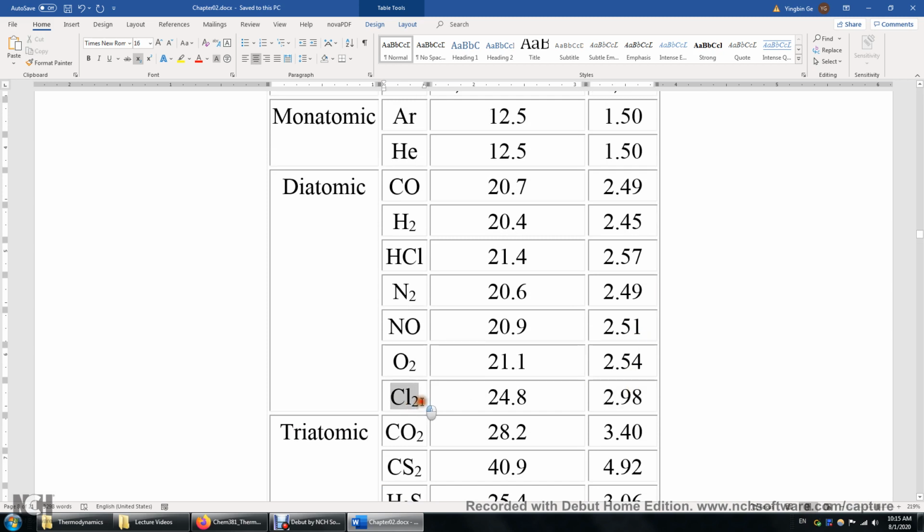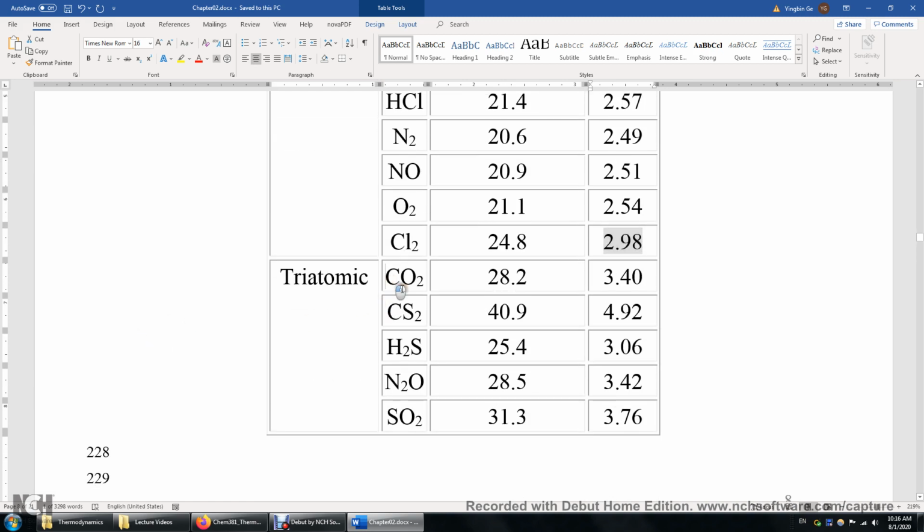Again, the vibrational frequency of chlorine 2 is smaller than all other diatomic molecules. So it's possible to promote chlorine molecules from the lowest vibrational energy level to higher levels. Therefore, the vibration also makes a contribution to CVM. In this case, roughly 0.48 R is from vibration.